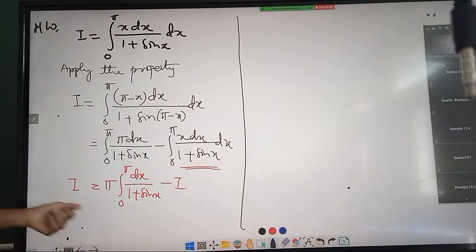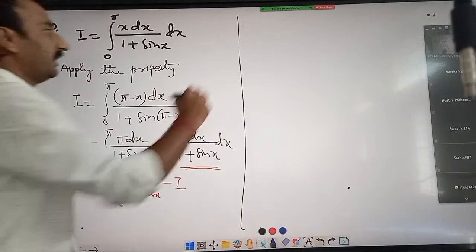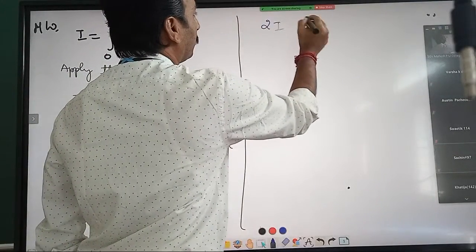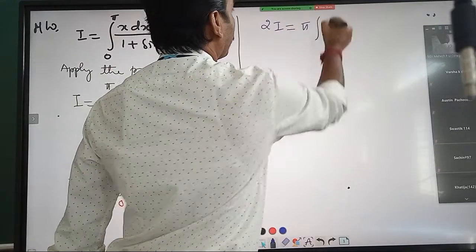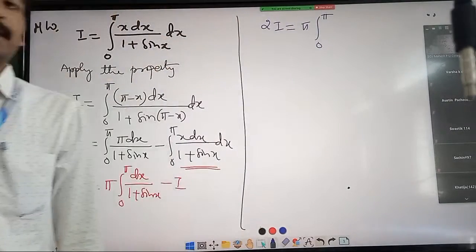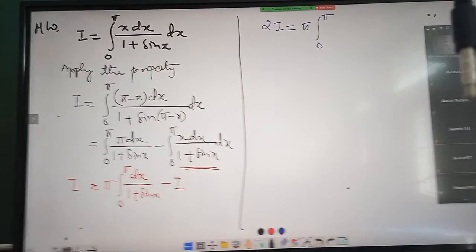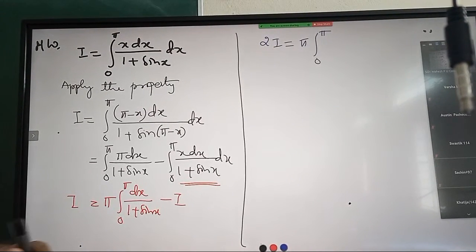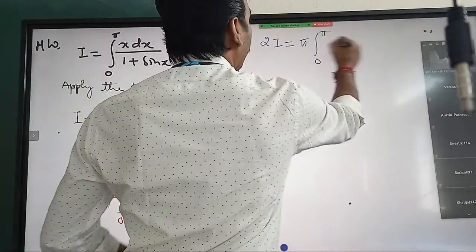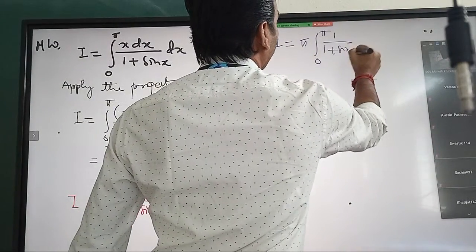Now I will take this I to the left side, so you get 2I equal to pi into integration from 0 to pi 1 divided by 1 plus sin x dx.